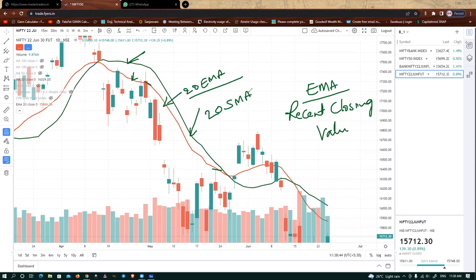If you just need a simple moving average, you can use SMA. Did you understand the difference? Why is it plotting very near? It means the preference of the nearest closing values will be higher in the 20 EMA. But here it is generally the average of all the candles. That's all, simple.